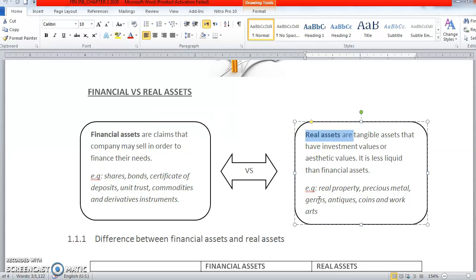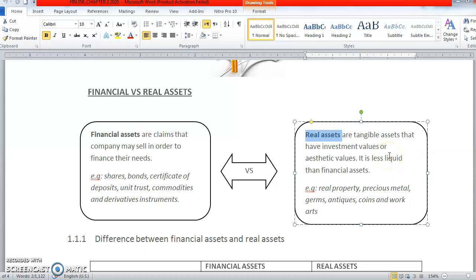Kita boleh tengok dia secara physical. So you can see, oh this is the asset. Ini adalah real asset. And between these two, which one is more stable in terms of price? Normally, yes, real asset is quite stable in terms of prices.